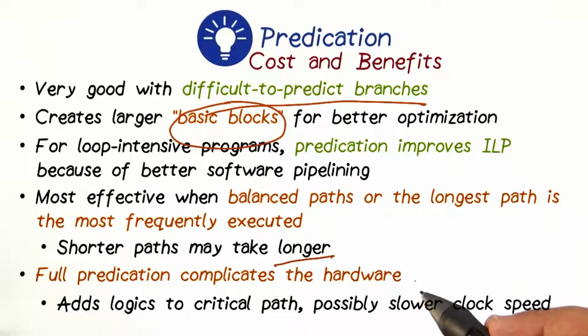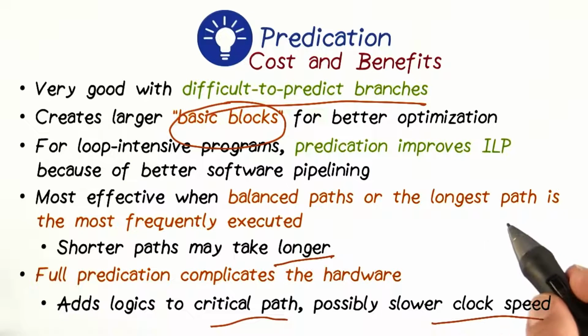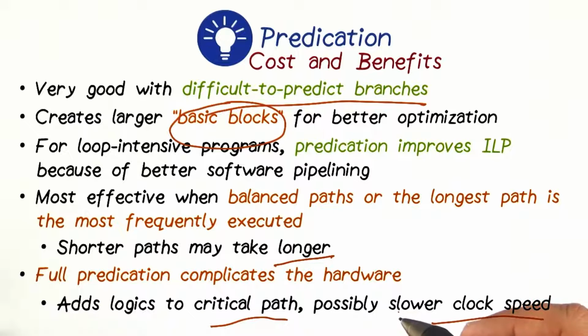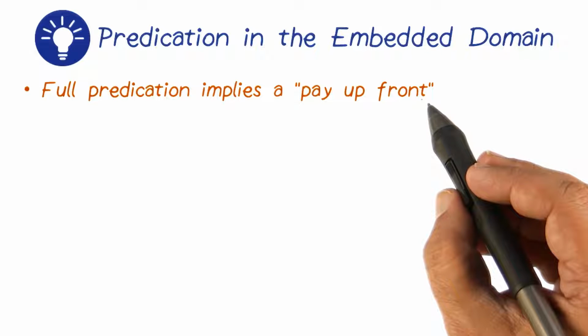And because of the resource pressure, we will have to add more logic, and the critical path can probably get slowed down, and the clock could go down in terms of its frequency. Remember, the more complex the hardware is, or the longer the critical path is, the slower the clock is. So let us take a look at how the predication trade-offs are in the embedded domain.